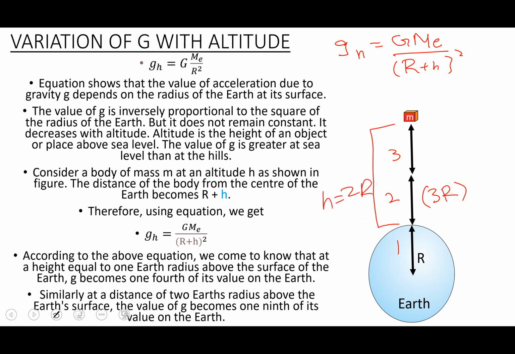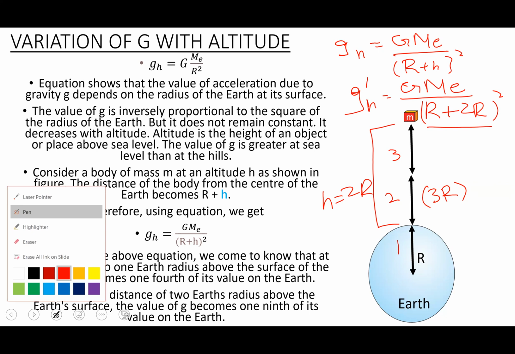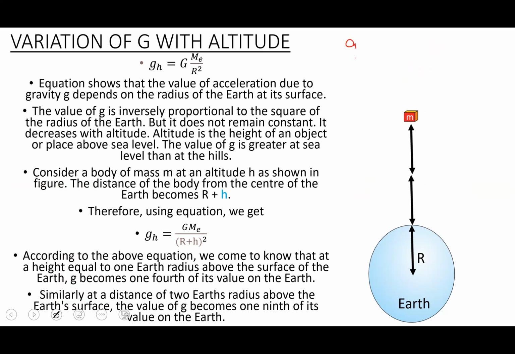So our new formula will become g dash h, the change which we have made from 2R to 3R, equal to GM_e divided by (R plus 2R) whole square. So R plus 2R will become 3R. Let us solve this equation simply so that we have a clear idea.